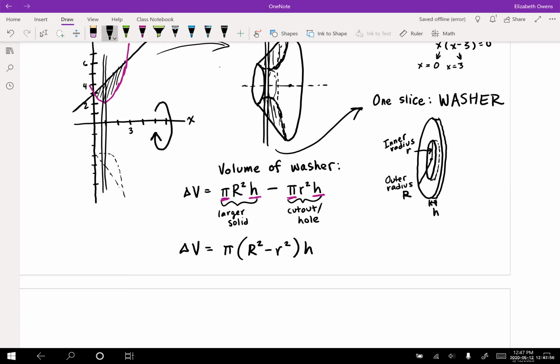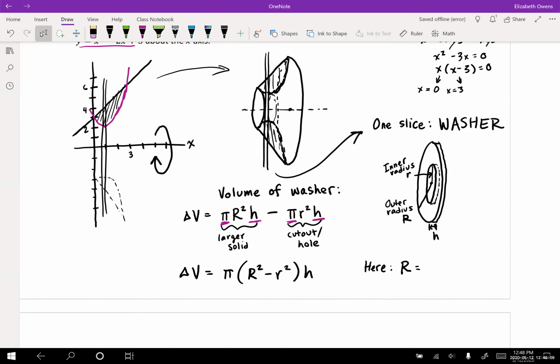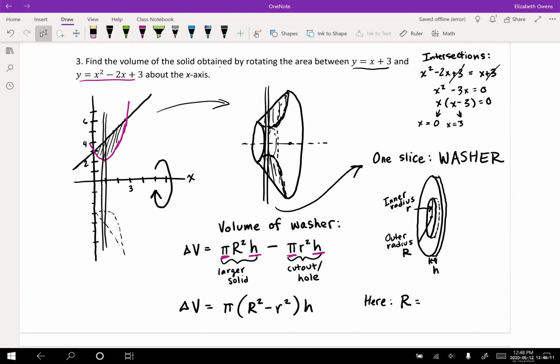So let's think about what we've got here. What is our big outer radius? Is that given by the line or the parabola?